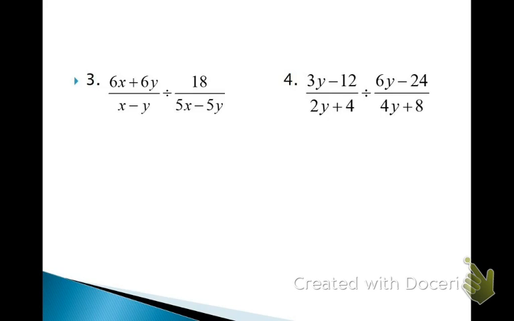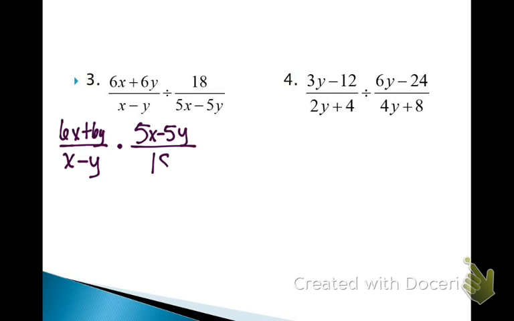We'll start with number 3. My first fraction is going to stay the same. 6x plus 6y over x minus y. My second fraction is going to flip. So the 5x minus 5y goes to the top. 18 goes to the bottom.